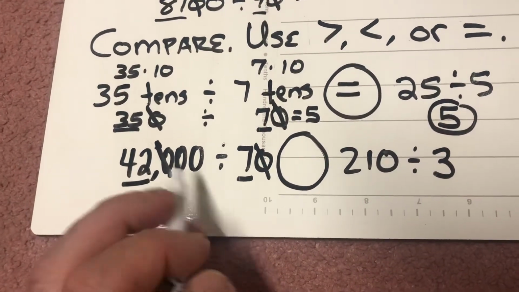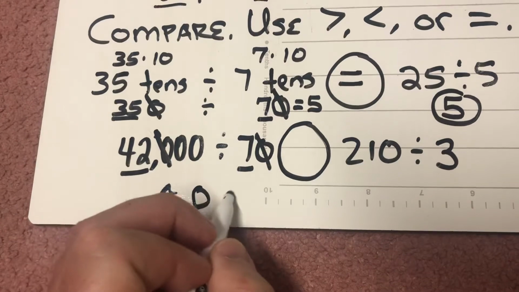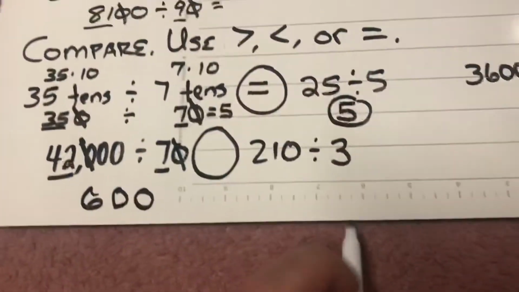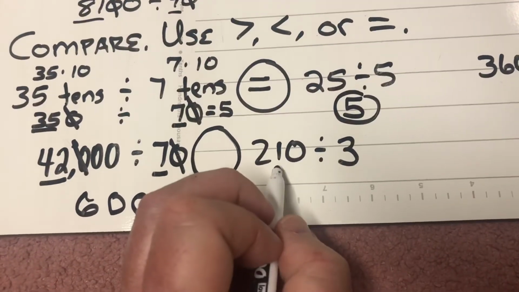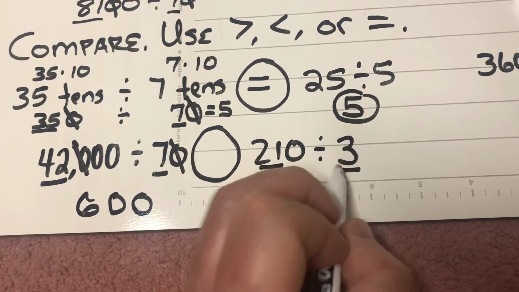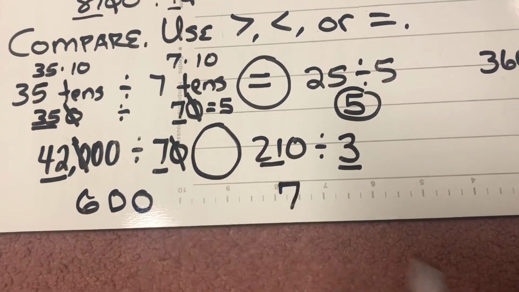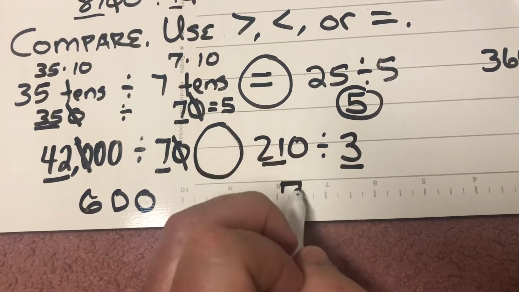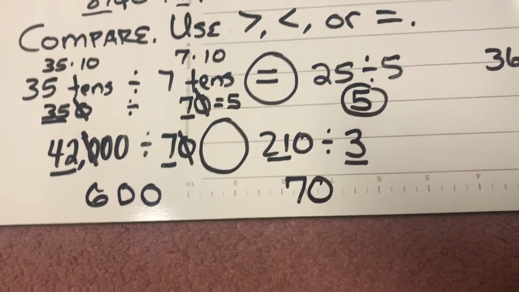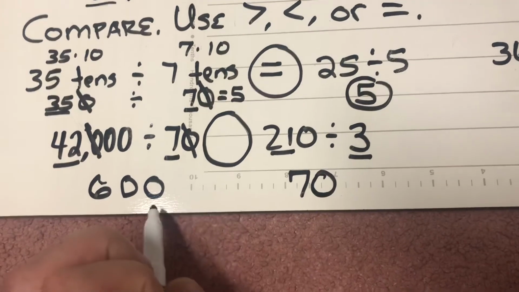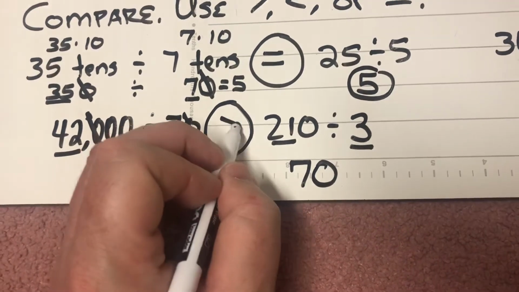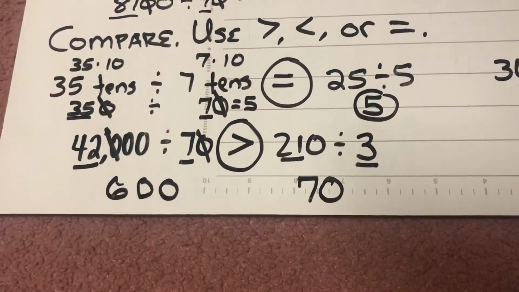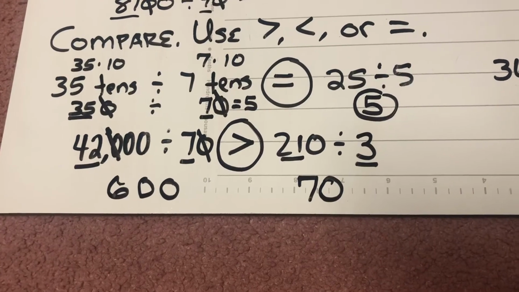There's 2 zeros left. I get 600. I come over here, 210 divided by 3. 21 divided by 3 is 7. There's no zeros here to cross off, so this one here needs to become part of my answer. I get 70. Well, I know that 600 is greater than 70. So my open mouth is going to be to the bigger number, 600.